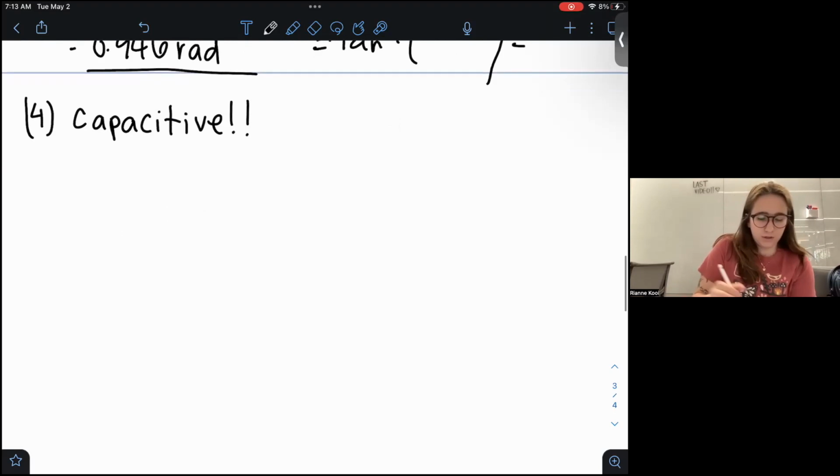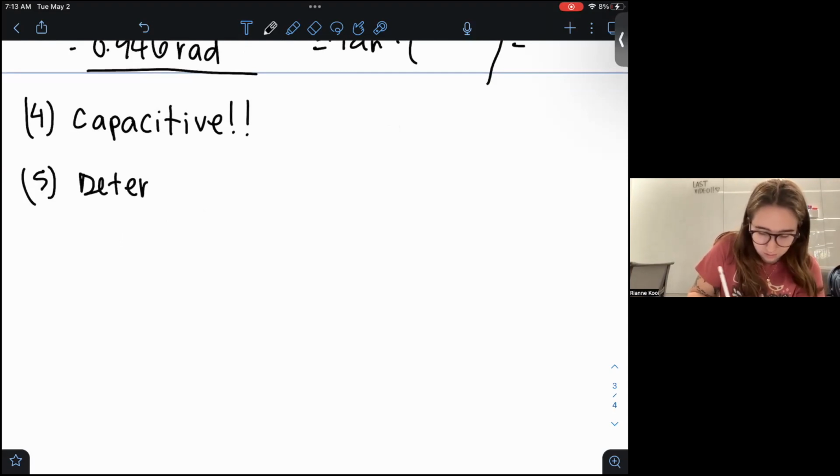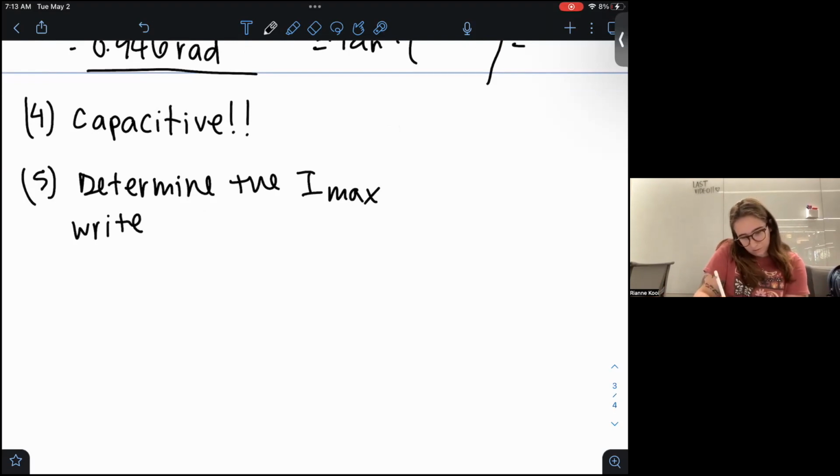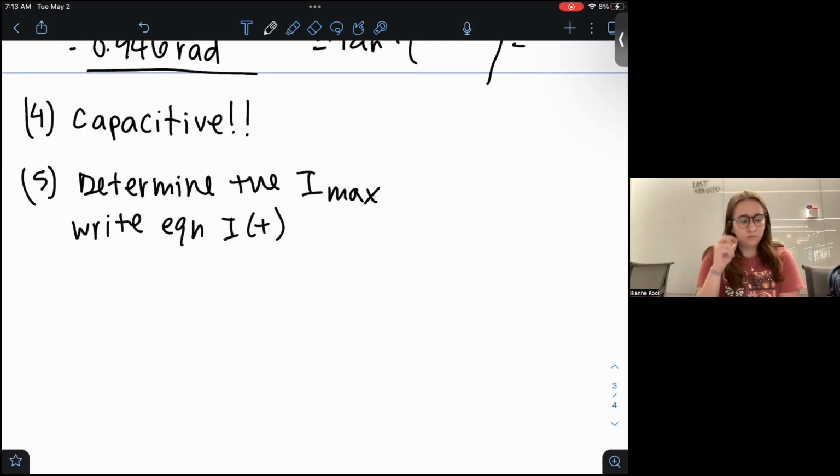So we also want to determine the I max in the circuit, and then write an equation for I of T. So I max, again, is very plug and chug.